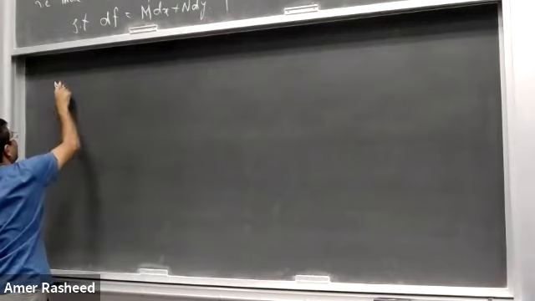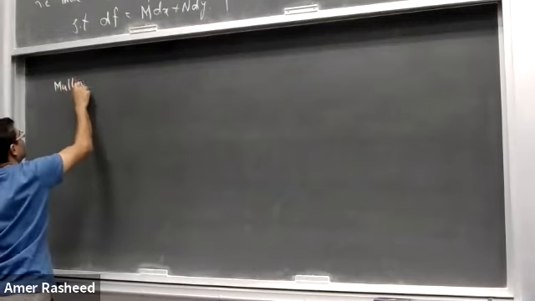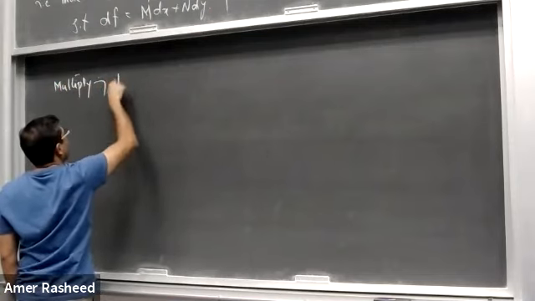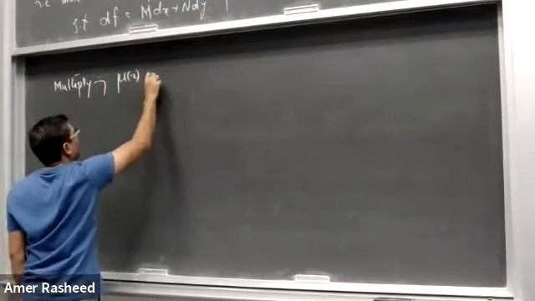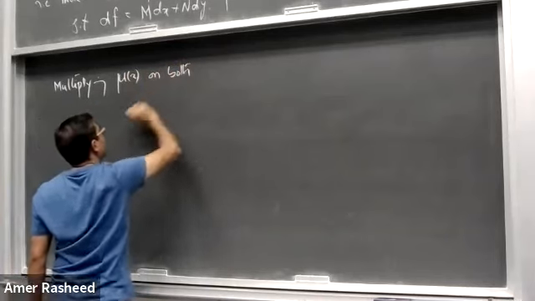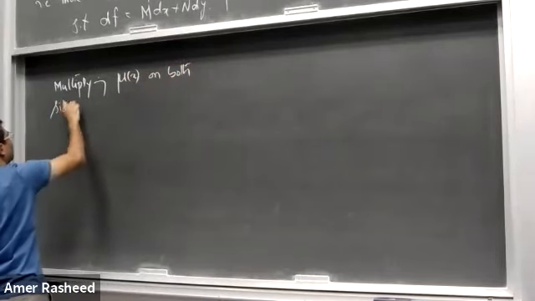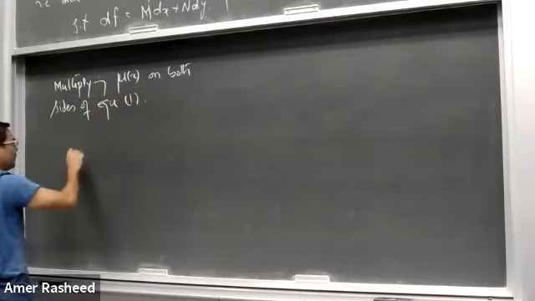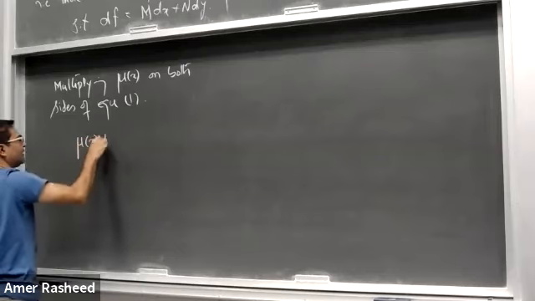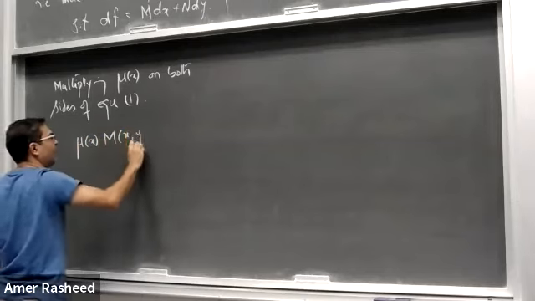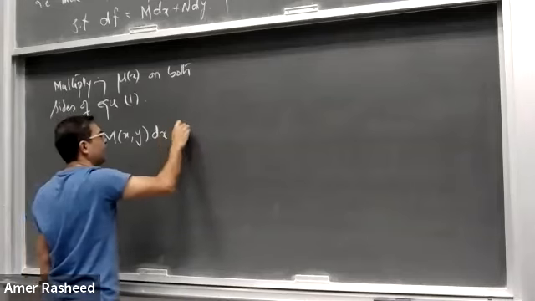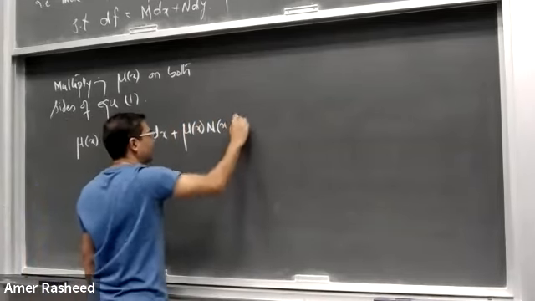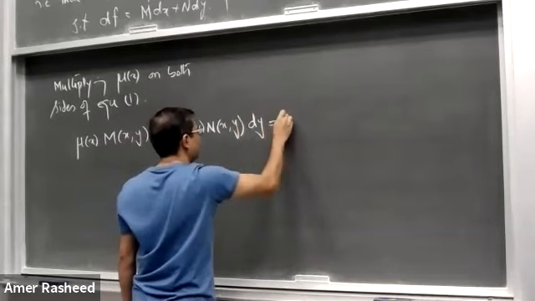Multiplying mu of x on both sides of equation 1, what do we obtain? We obtain a new equation, mu of x times M of x y dx plus mu of x N of x y dy equal to 0.